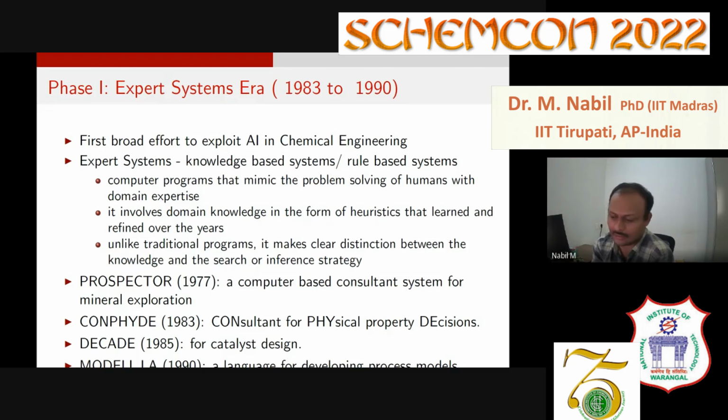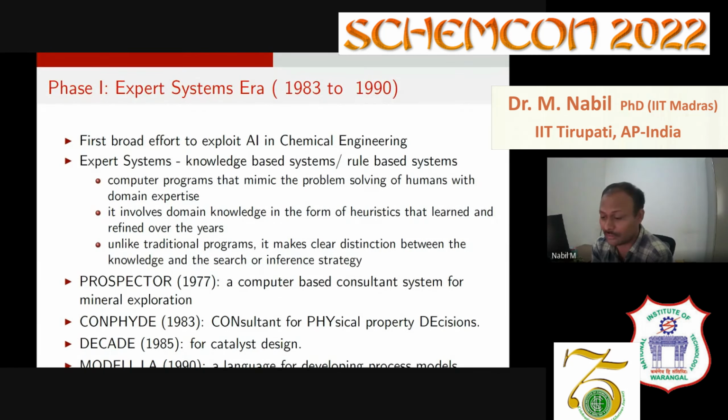Yet another application of expert systems is Con5, which is for physical property decisions. Like in your thermodynamics, you would have performed VLE calculations or PVT relationships, right? For different materials, how do you get that relationship? So basically it's a physical property decision.